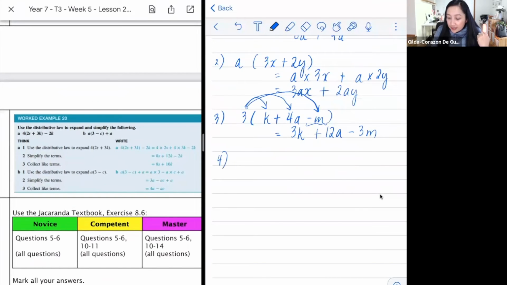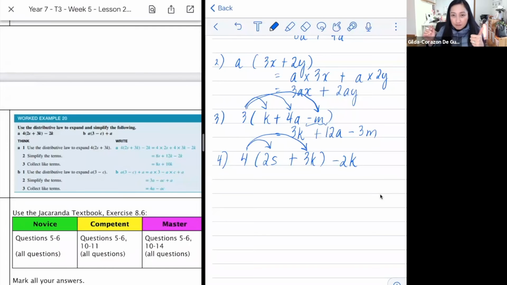When it looks like this, however, 4 times 2s plus 3k minus 2k, what you need to do is to multiply 4 to 2s and then 4 to 3k, just up to 3k. It doesn't have to be distributed to minus 2k because 2k would not be inside the bracket.